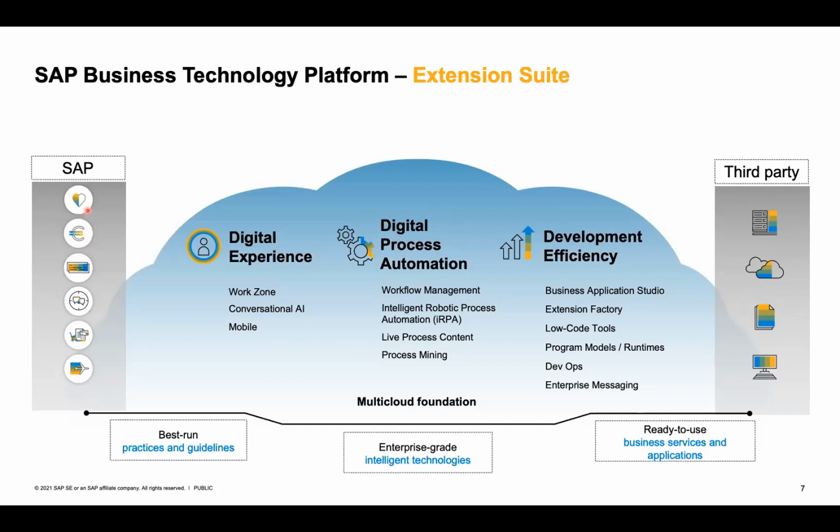So we could come from one SAP application, let's say SuccessFactors, and then connect it via the workflow with some other SAP application, let's say S/4HANA Cloud or something like that. So there we have this extensibility. And then again, everything runs on top of the multi-cloud foundation.